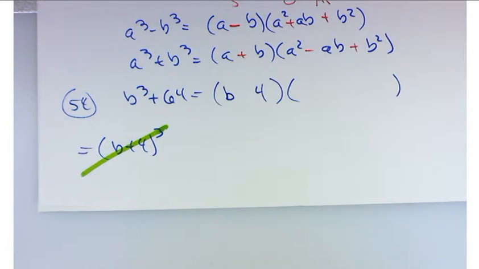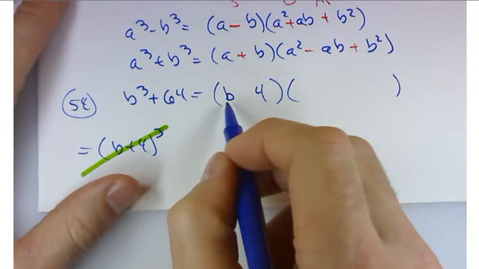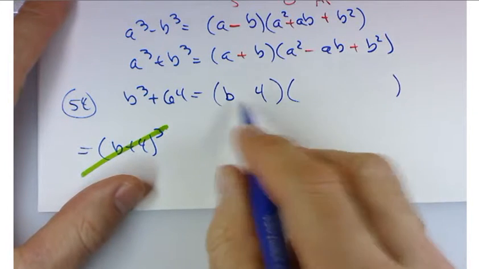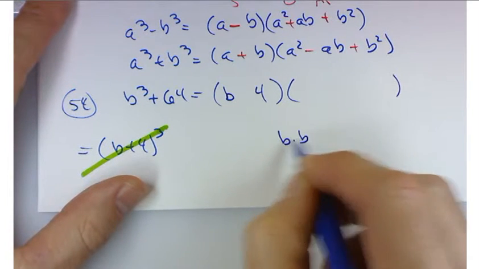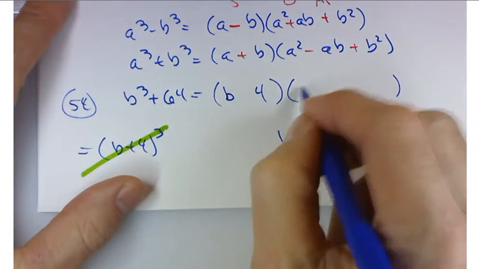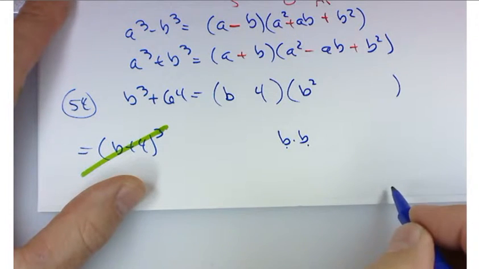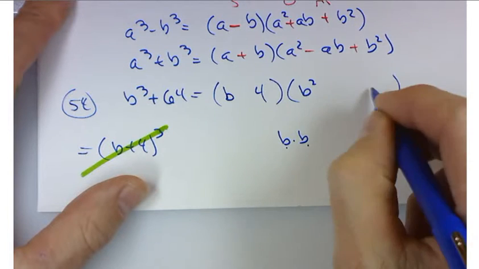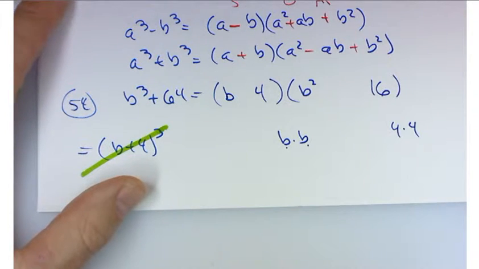Okay? It doesn't work that way. It just will not work. But I'm going to use these two to figure out these three. Let's take this and multiply it by itself. B times b, b squared. I can do the same thing here with the 4. 4 times 4, 16.